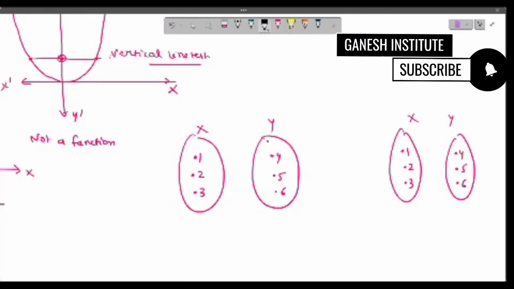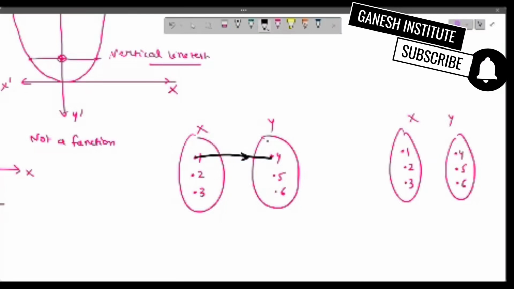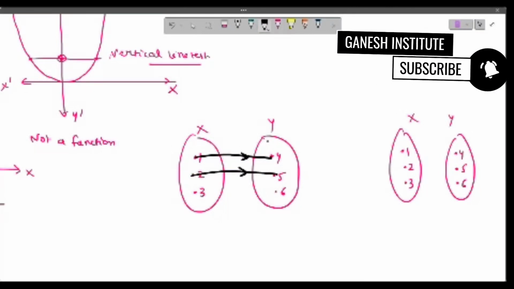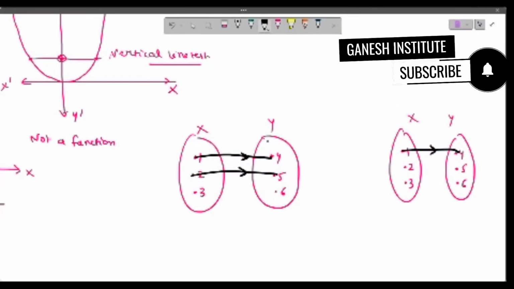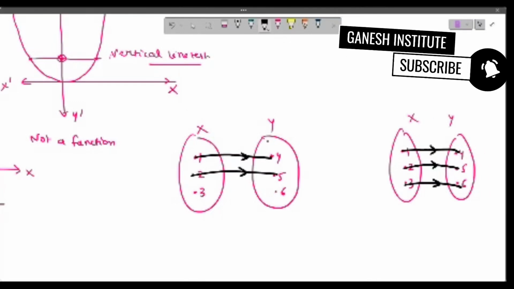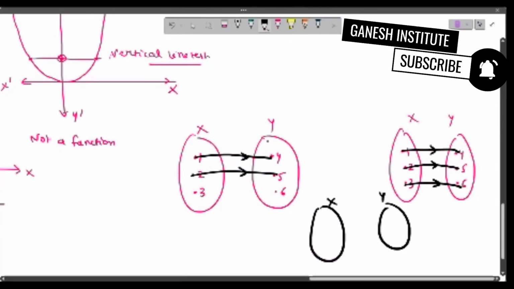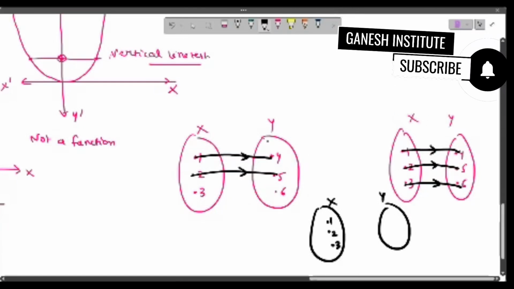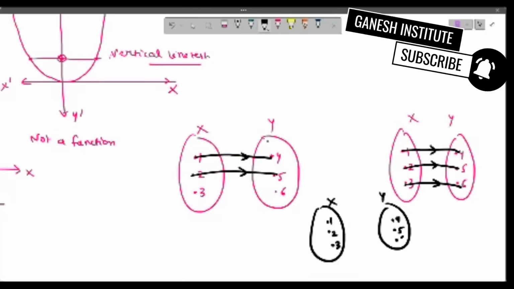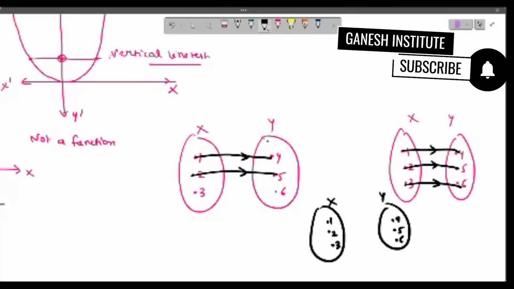Exactly the same thing, but let's say I have this, and I have this, and one more.